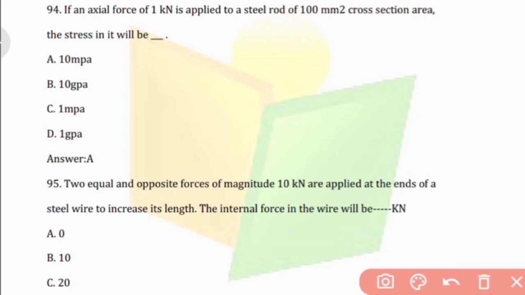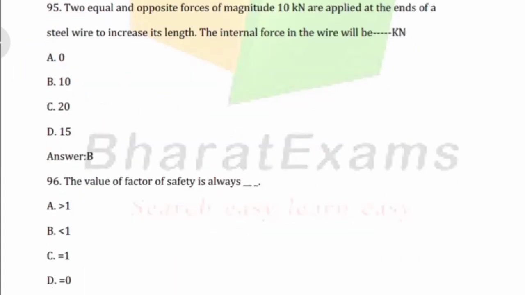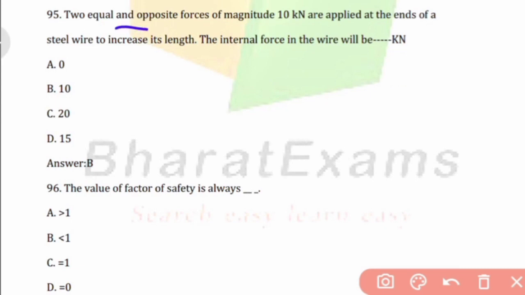If an axial force of 1 kN is applied to a steel rod of 100 mm² cross section area, the stress in it will be option A, 10 MPa. Two equal and opposite forces of magnitude 10 kN are applied at the ends of a steel wire to increase its length. The internal force in the wire will be 10 kN.